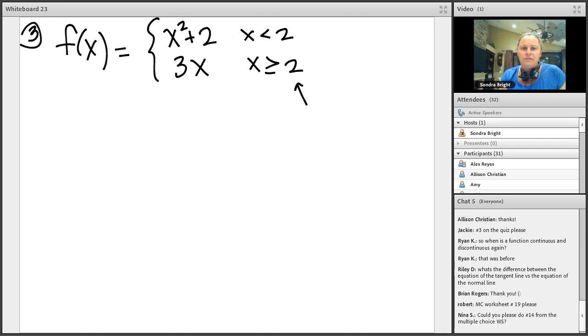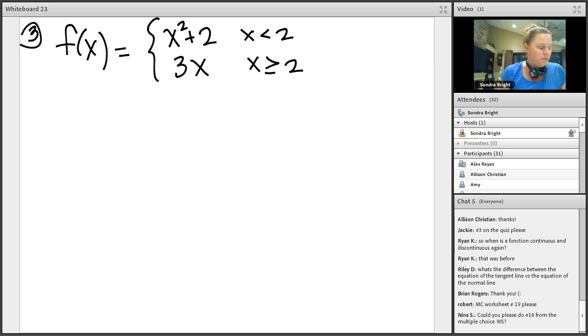Here, look, you've got 2 different rules for your y value at x equals 2. And so if there is a discontinuity, it's going to happen at that spot. So that's where you look for it.